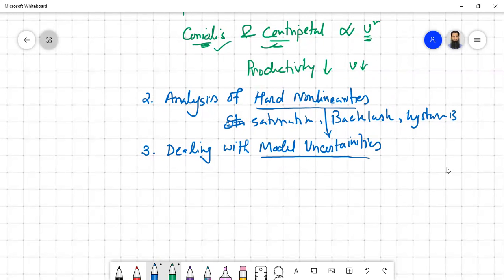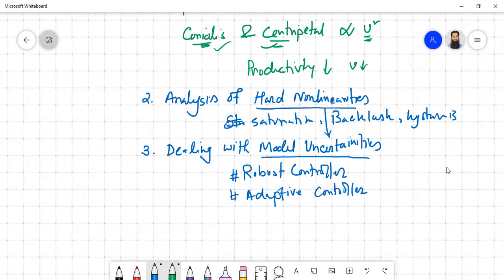Two commonly used nonlinear controllers for this are known as the robust controller, and the other one is known as the adaptive controller. Okay, so these are two commonly used nonlinear techniques. So intentionally we introduce some nonlinearity into our system to compensate for the uncertain values of the system parameters. So this is the third one.